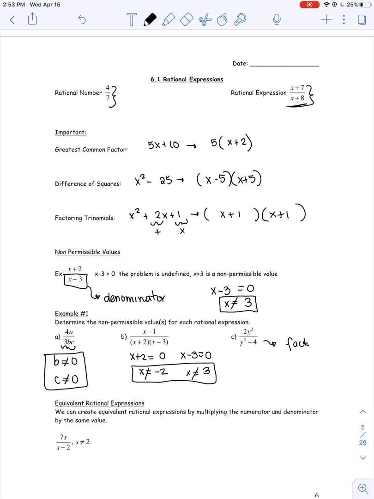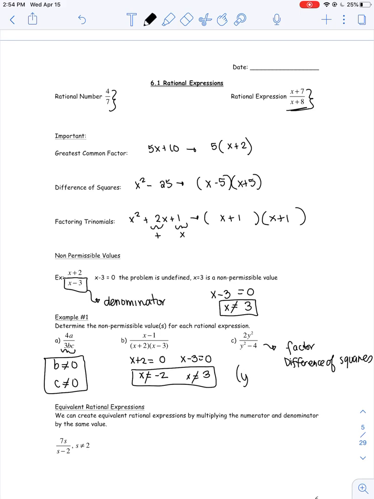Here you want to factor first. This is a difference of squares. So we want to take y minus 2 and y plus 2. That's the factored form of y squared minus 4.